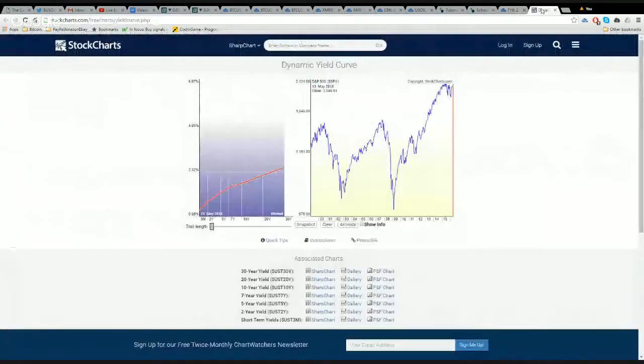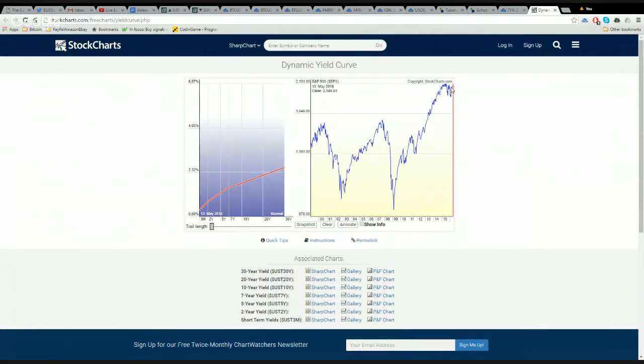So this is a 3-month, 2-year, 5-year, 10-year, 30-year. And in essence, yields are rising as we go out the curve. This is what we call normal, and this is healthy.